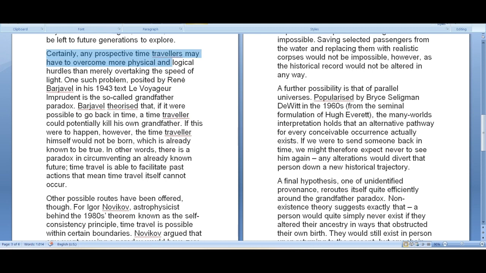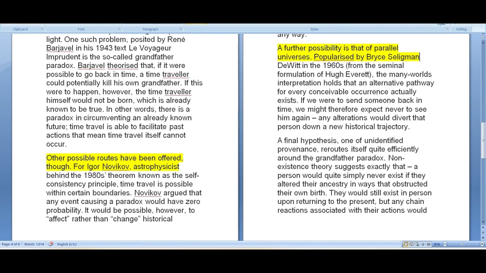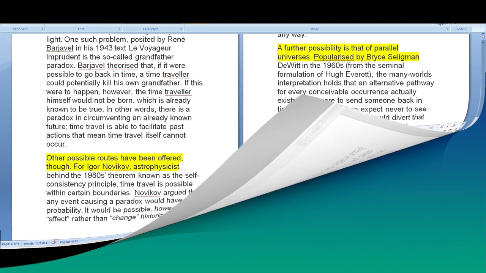Certainly, any prospective time travelers may have to become more physical and logical. Other possible routes have been offered, though, for Igor Novikov, astrophysicist. Further possibility is that of parallel universes, popularized by Bruce Seligman. And a final hypothesis, one of unidentified provenance, reroutes itself quite efficiently.